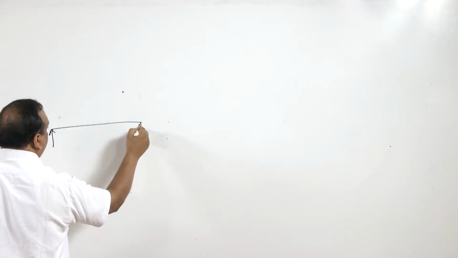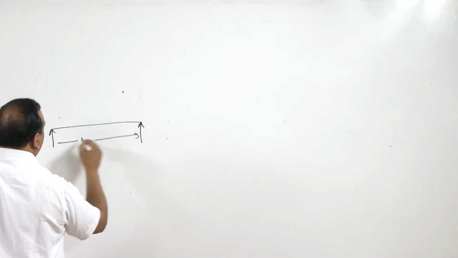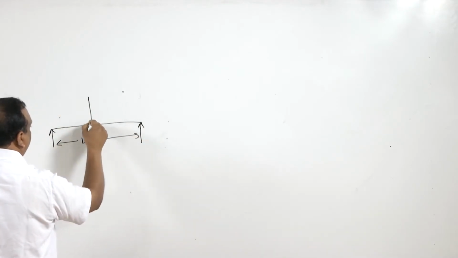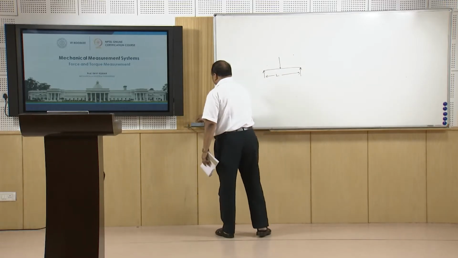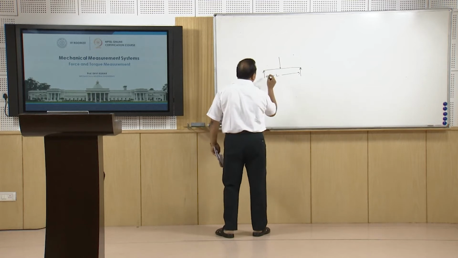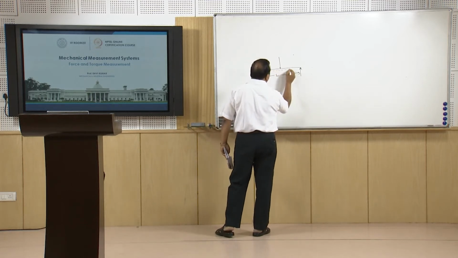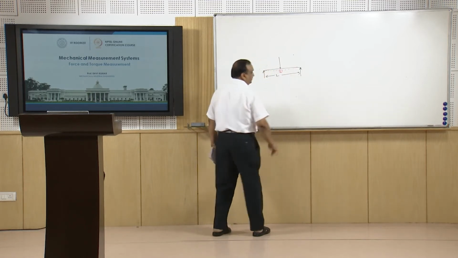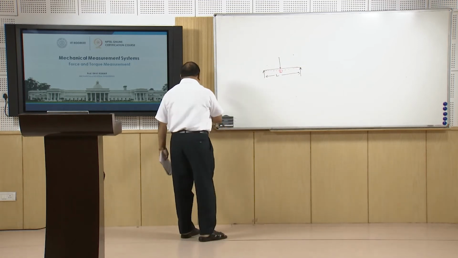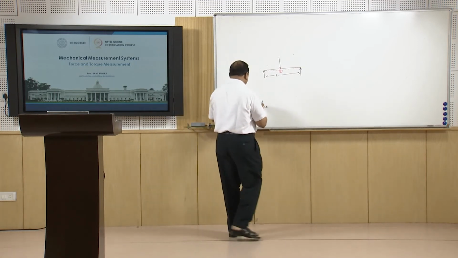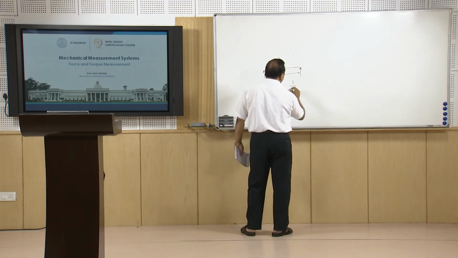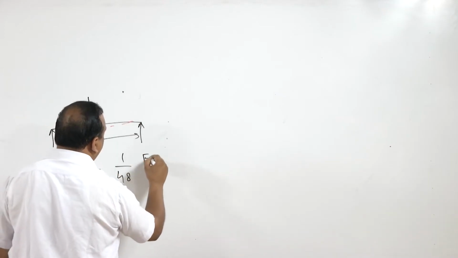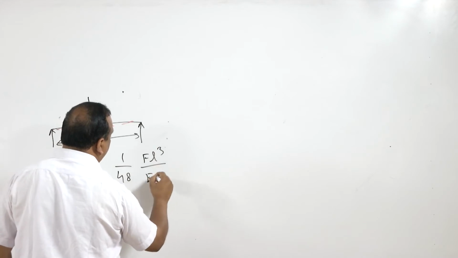There is a simply supported beam of length L. In the middle of the beam, the force F is applied, and if we are able to measure the deflection of the beam, delta, and there are many devices to measure this deflection, then we can write the formula: the deflection X is equal to 1 by 48 F L cube by EI.